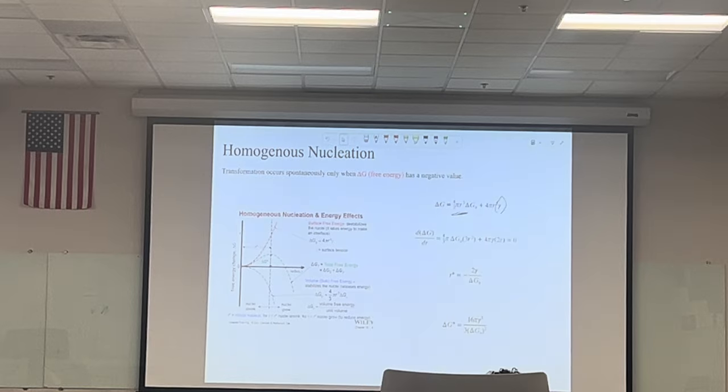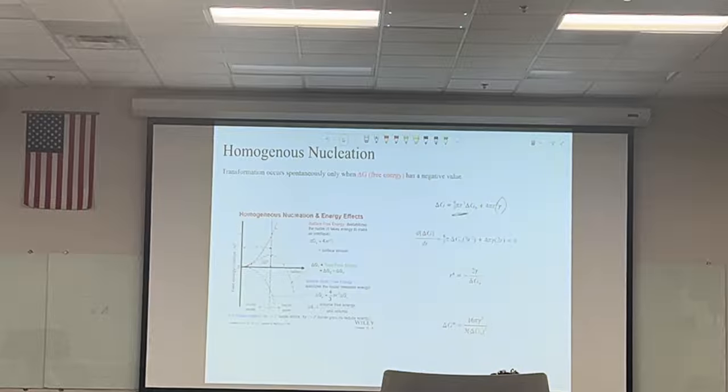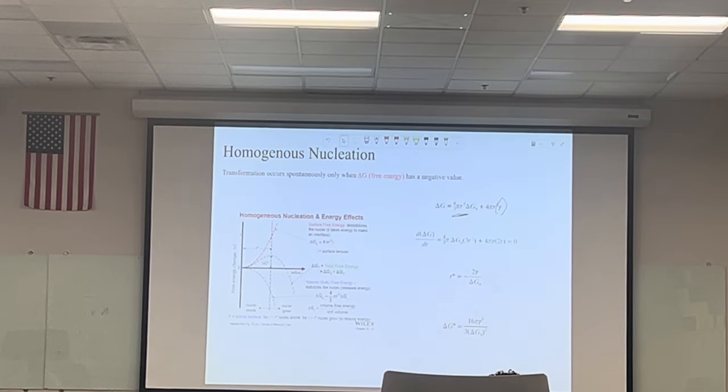The blue line is the volume term, and the surface energy is the red line. You can see this one is negative, that one is positive, but this one has R cubed, while that one has R squared. So eventually our delta G is going to be negative when R grows larger.